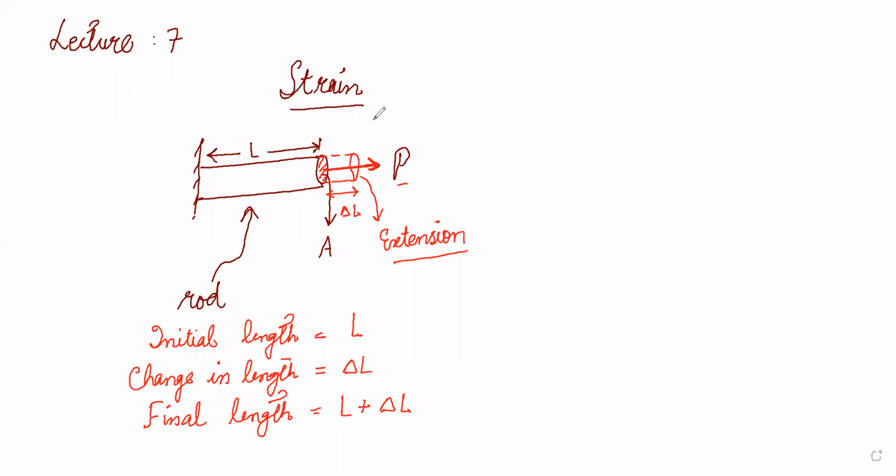So this change in length is in the same direction as the normal drawn to the area of cross section. We define the term strain. Strain is defined as change in length, that is delta L, divided by the original length, that is L. Delta L divided by L is defined as the strain.